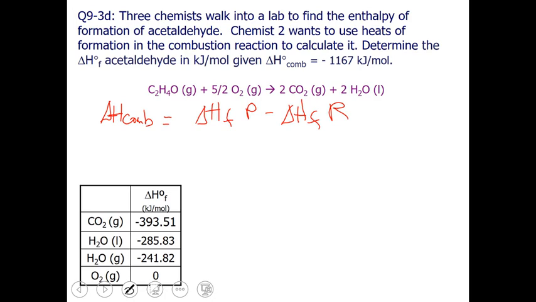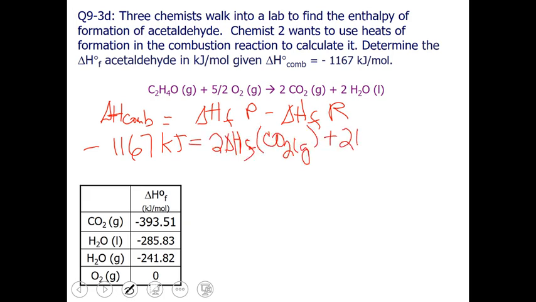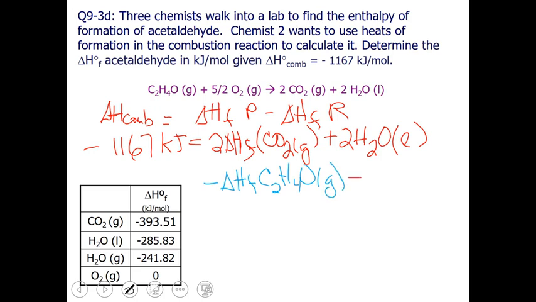So we can set negative 1167 kilojoules equal to the enthalpy of formation of 2 moles of CO2 gas and 2 moles of H2O liquid minus our unknown, which is the enthalpy of formation of acetaldehyde gas, minus 5/2 the enthalpy of formation of oxygen, which is, of course, 0. So simply solving for that will give us our answer.